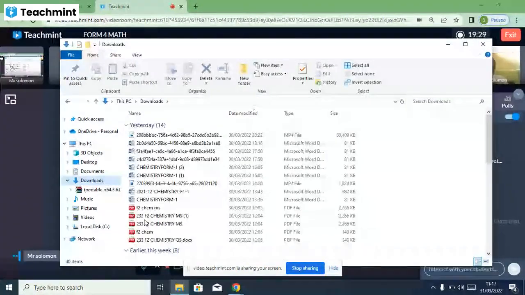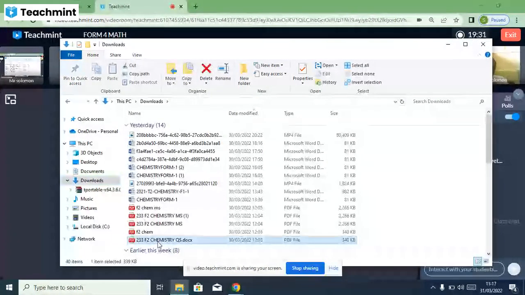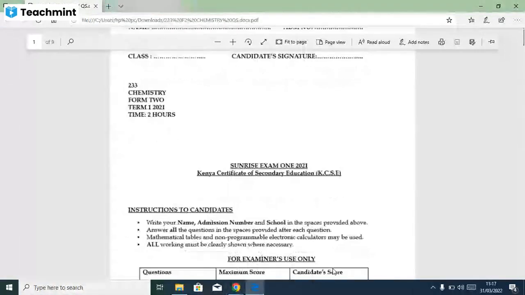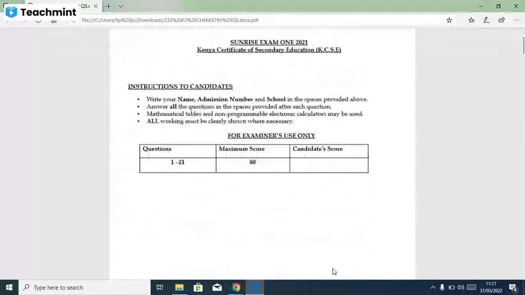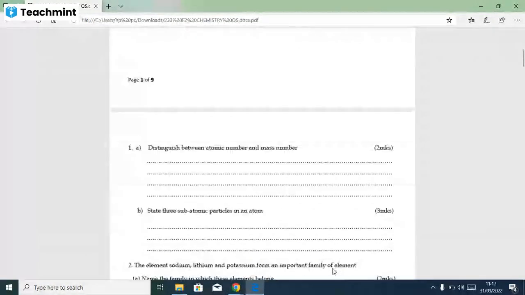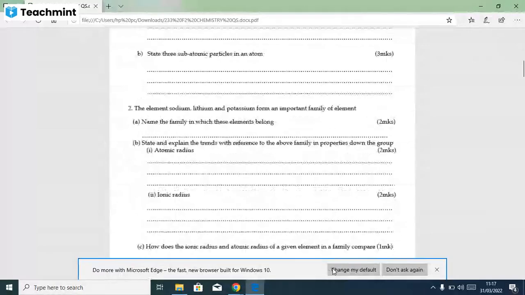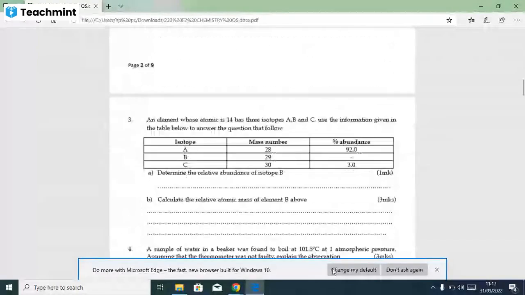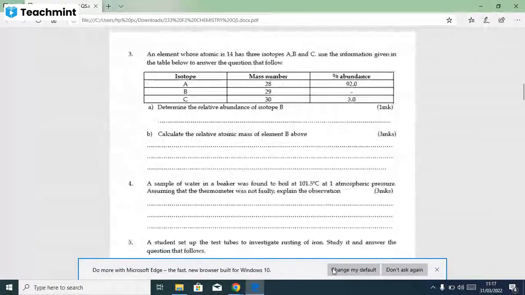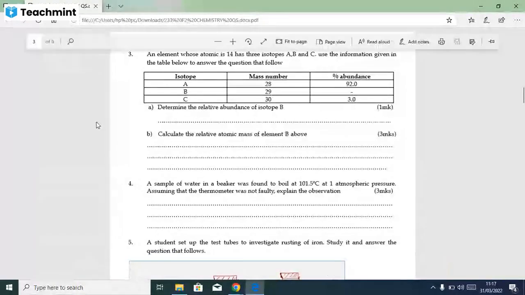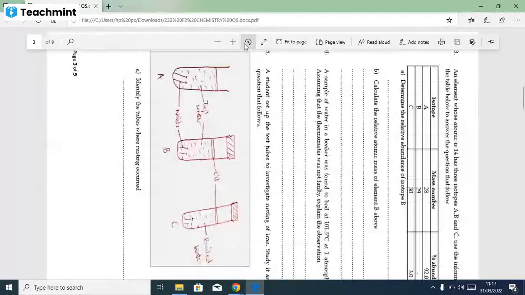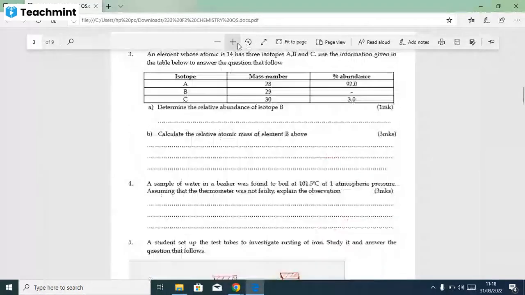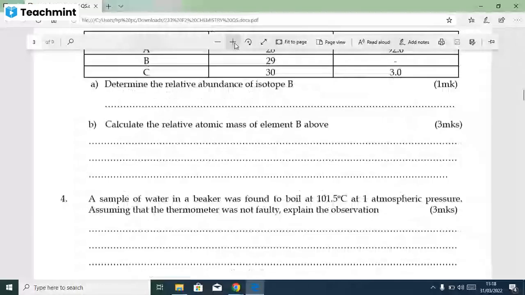So again, now the paper is there. You are at number what? 4. Number 4. Okay, there we are. Read number 4.